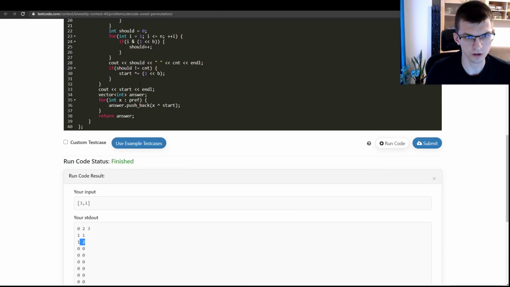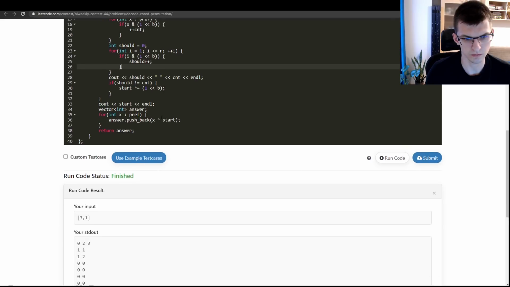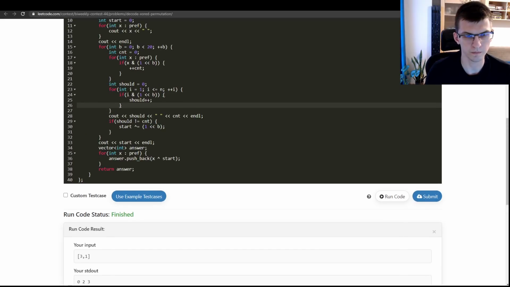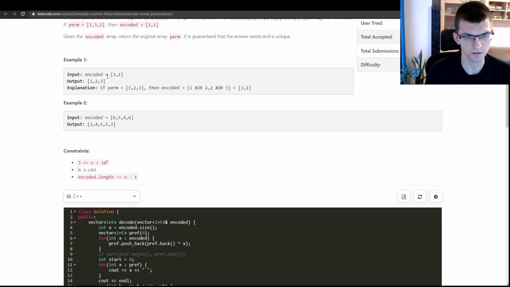Also, should is wrongly computed. Yeah. From 1 to n. Why is this 1 and not 2? N is the size.